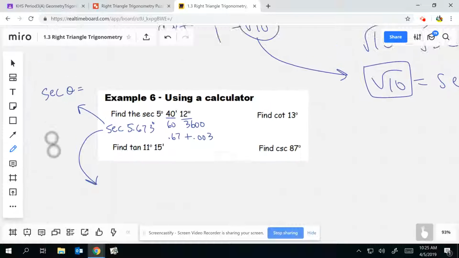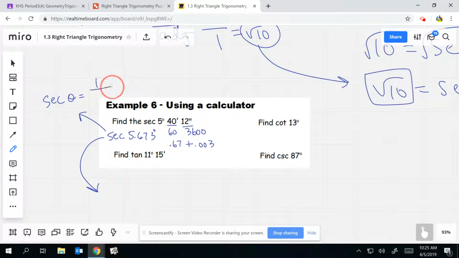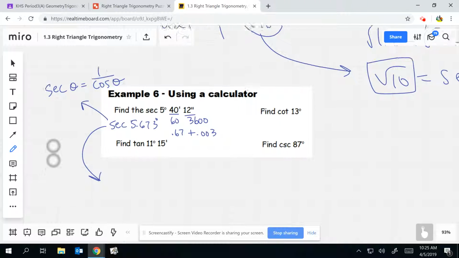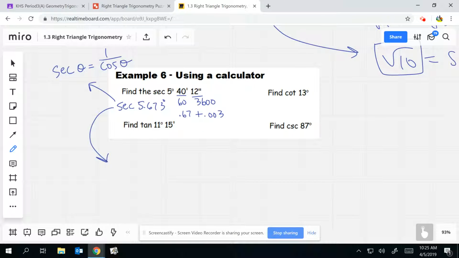It's the reciprocal of cosine. So 1 divided by cosine of theta is secant. So that means in the calculator, that's how you have to put it in. You can't put it in with a secant. There's no button for secant. But we can put in 1 divided by cosine because that's what the identity is telling us right there.